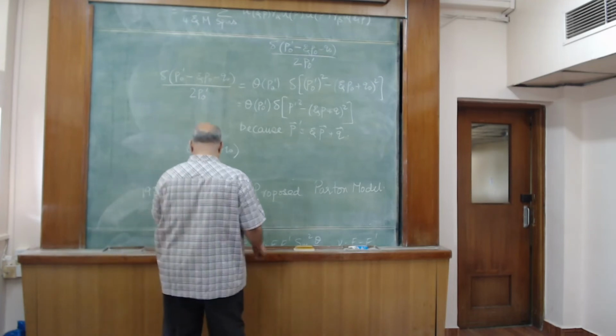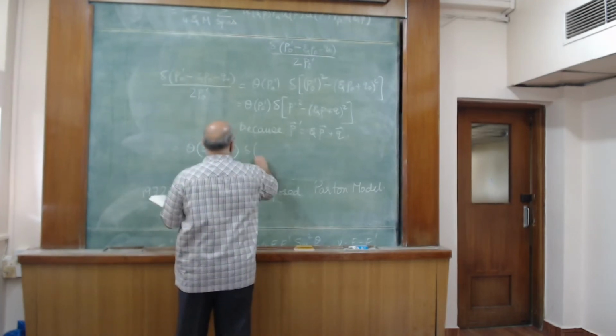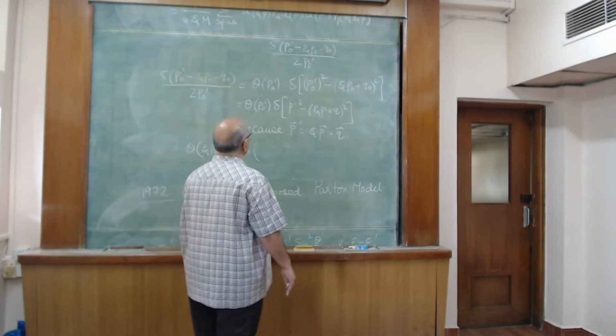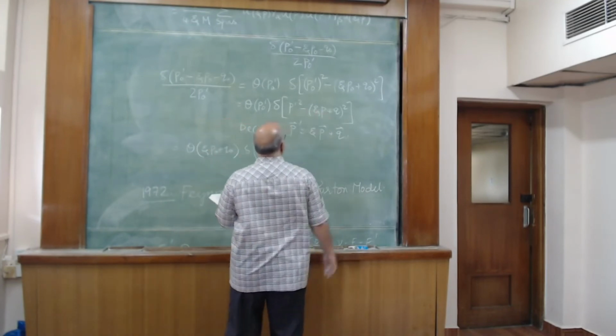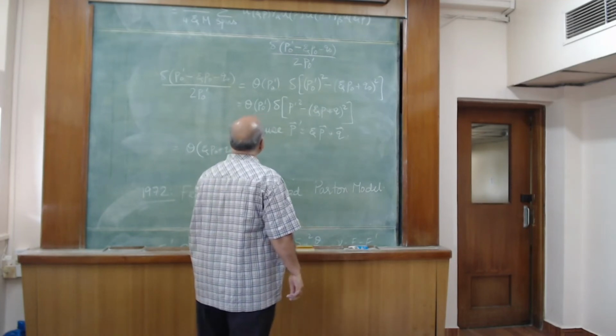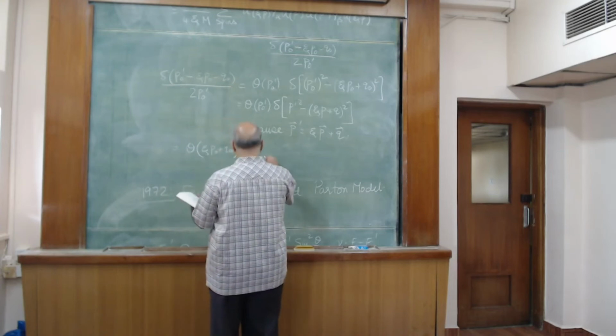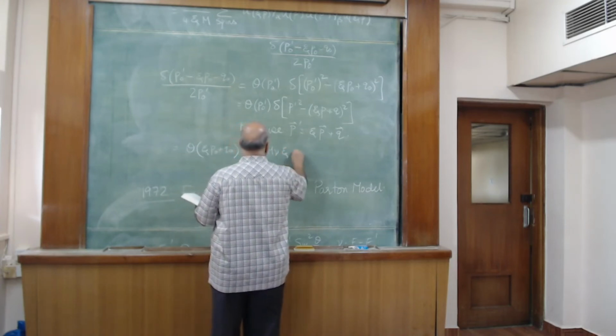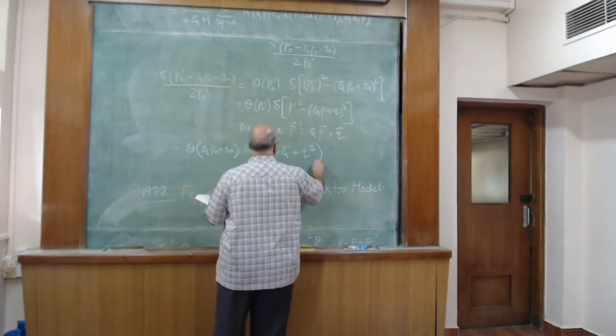And here, if I square this, you will find that this is 2m nu times xi plus Q square.